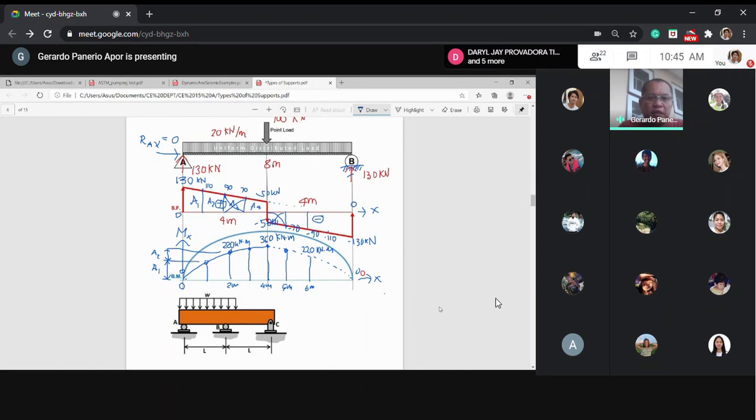That is 50 and 70. 50 plus 70, how much? Anybody? What is the area here? 60, sir. And 60 minus 60, because this is 300, sir. 300. Now this one, what is its area?